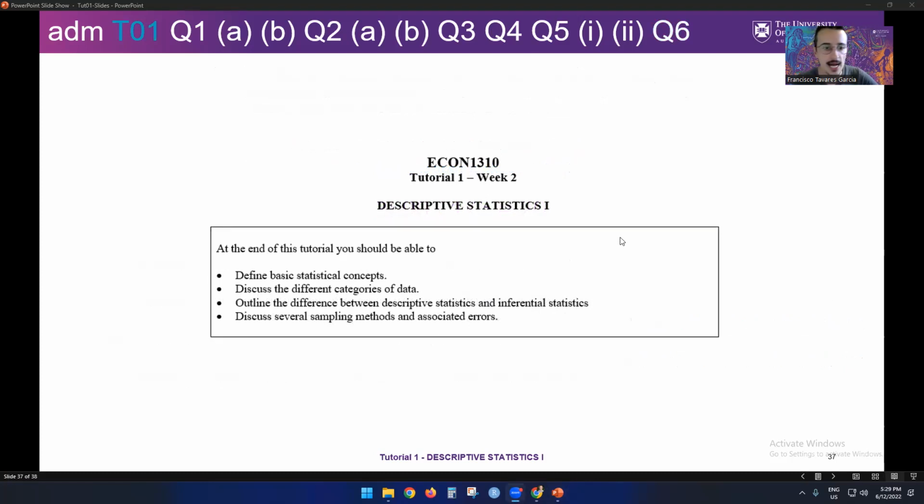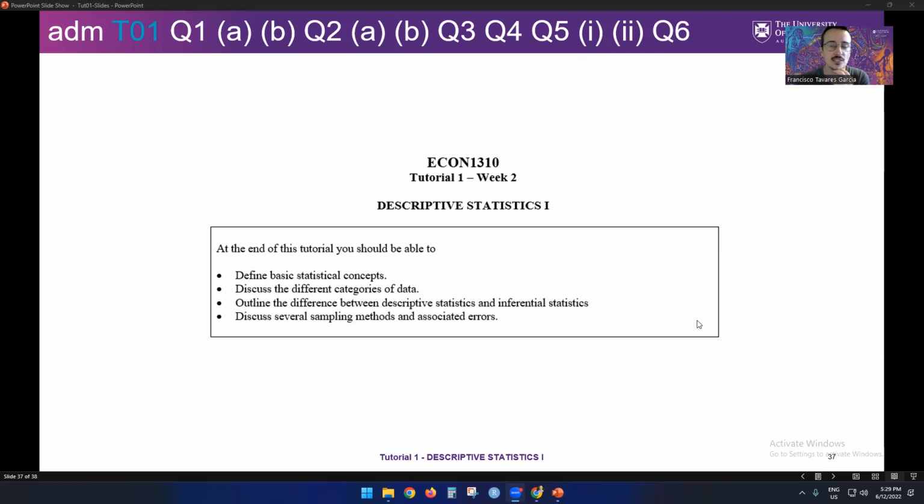What we started today, back to the list we had, was to define basic statistical concepts like parameter and statistic, population and sample. We discussed different categories of data: numerical, categorical, whether it's interval or ratio, nominal or ordinal.